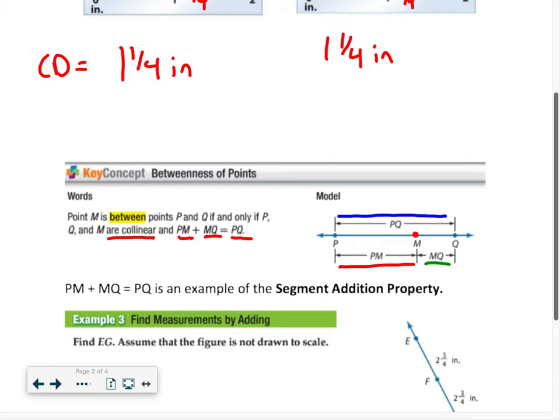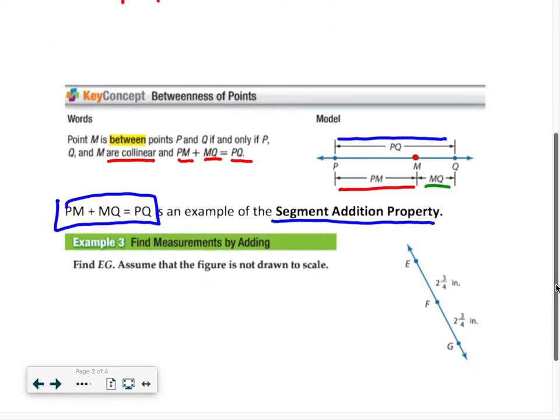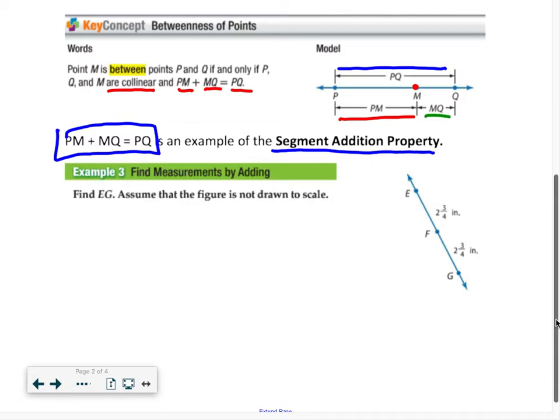And this PM plus MQ equals PQ is an example of the segment addition property, which we will use quite a bit throughout the rest of the lesson.